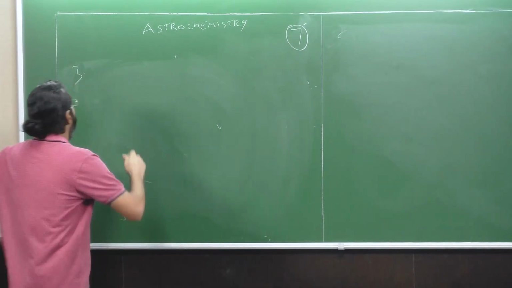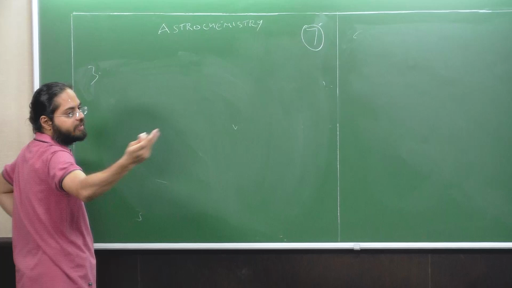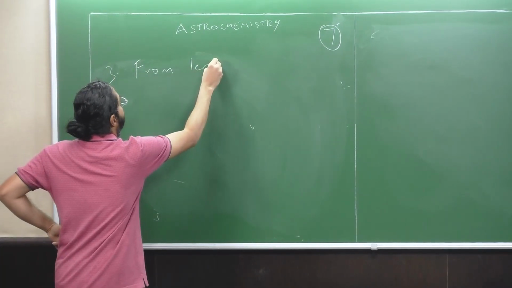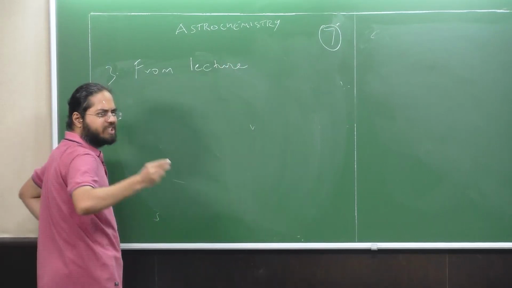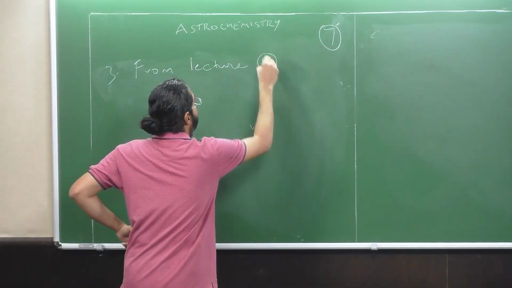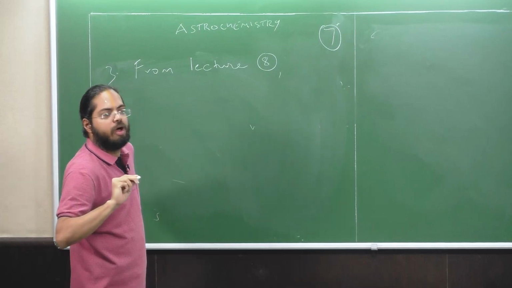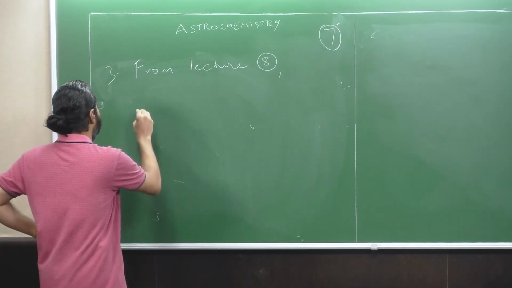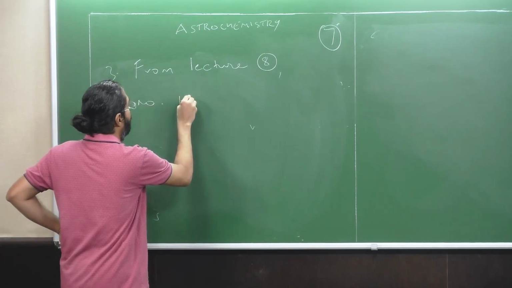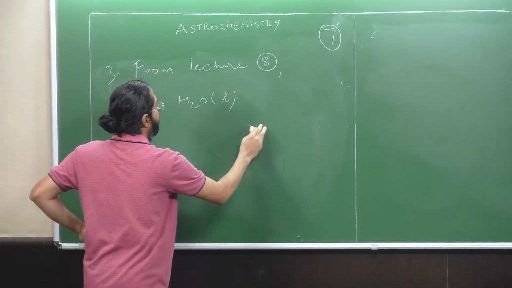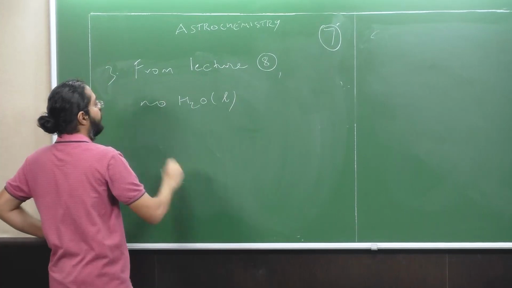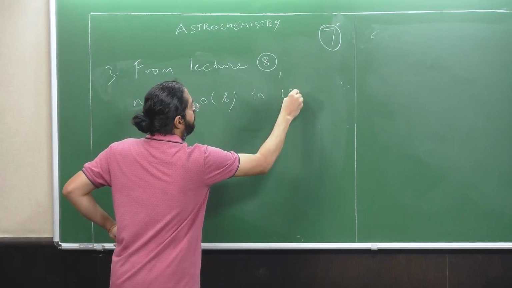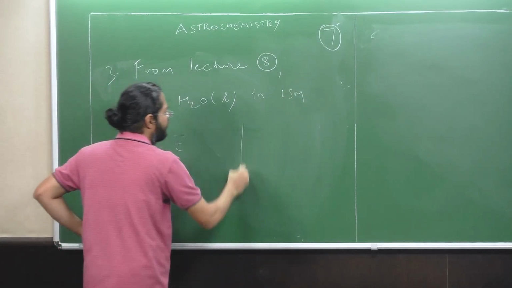So the question is, we saw in the lecture, I'm sure it was lecture 8, that liquid water does not exist in the ISM, because the phase diagram looks something like this.